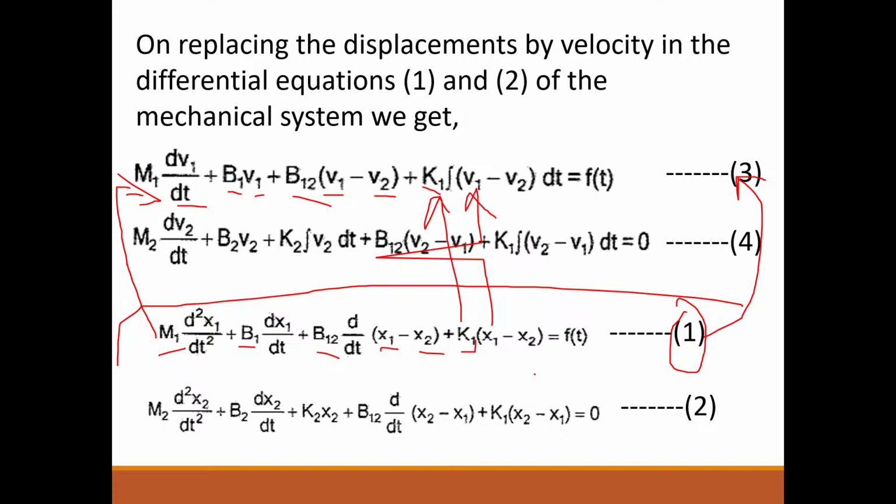Integral of v dt. So x1 you can replace with integral of v1 dt, and x2 you can replace with integral of v2 dt. So integral is taken common. Integral of v1 minus v2 dt they have written, because here x1 minus x2 is there. That is equal to f of t. Okay, so f of t you just keep as it is.